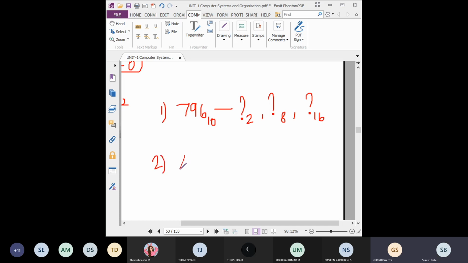Second example: 409. Kindly note it down, students. This also needs three conversions. You have to do two homeworks: 796 and 409. Understood, everyone? Yes, sir.